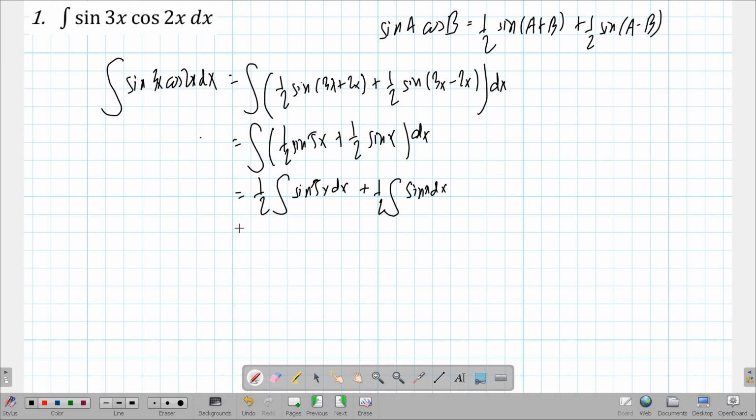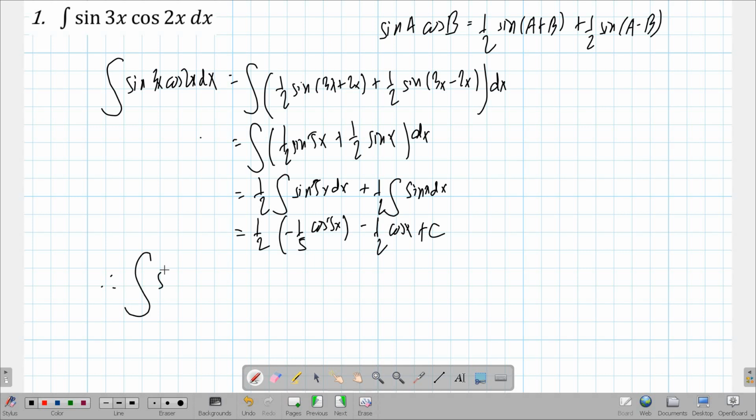Here we can perform u substitution, which I'm going to leave to you. We're going to have 1/2 times, not negative 1/10, negative 1/5 cosine 5x minus 1/2 cosine x plus c.